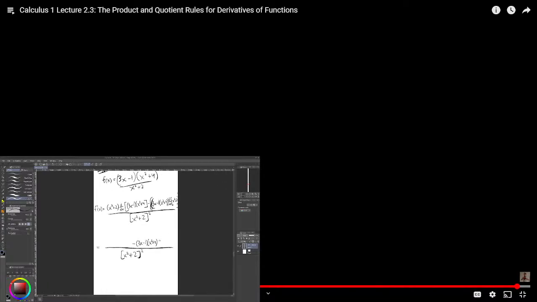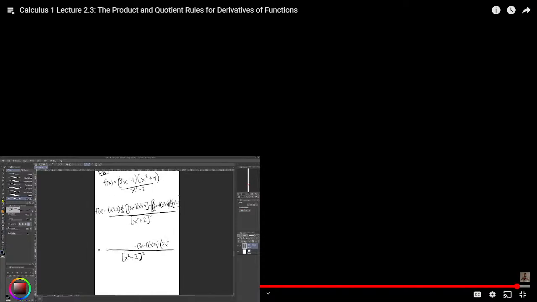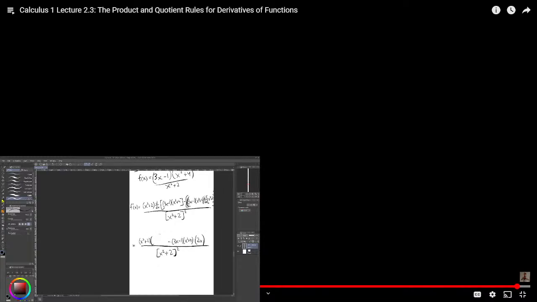And then the derivative, 2x, that's it. x squared plus 2. Oh, and this is when you want to use the product rule right here.